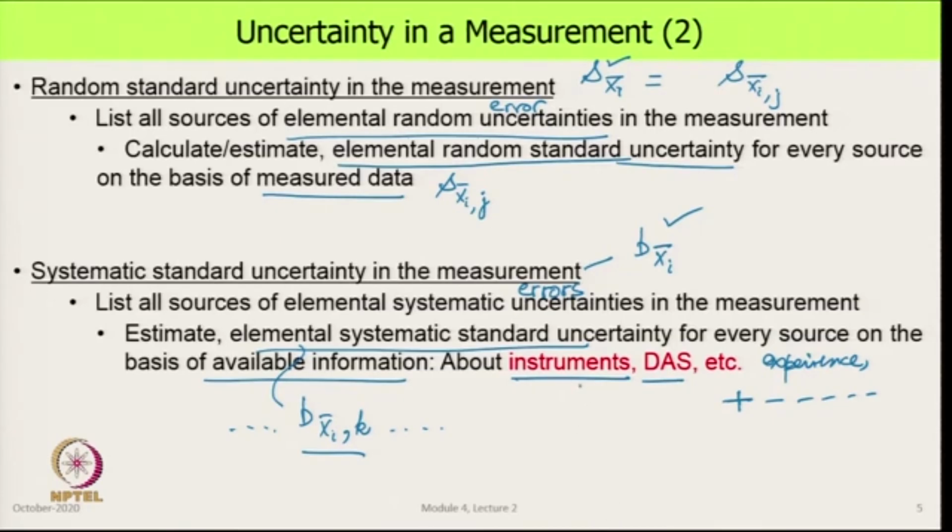In another lecture, we will look at these things and say what are the reasons why these contribute to systematic uncertainty. But the point is that if we can get all these done, then this can give us this, and then from the previous slide formula, we can get U x_i bar, the standard uncertainty in the measurement.